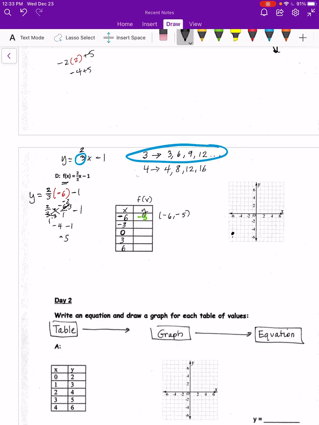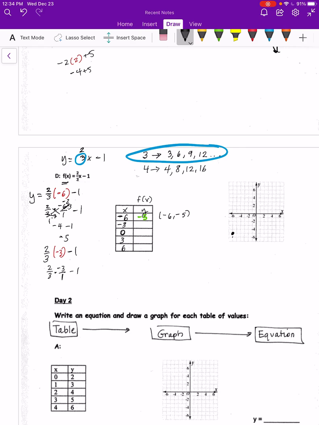Now, I can also show you a shortcut here, and we'll show you the shortcut on the next one. So it's 2/3 times -3 minus 1. So notice I really have 2/3 times -3/1 minus 1. Now, I could do this a couple different ways.